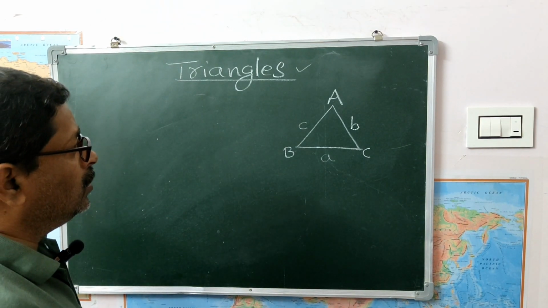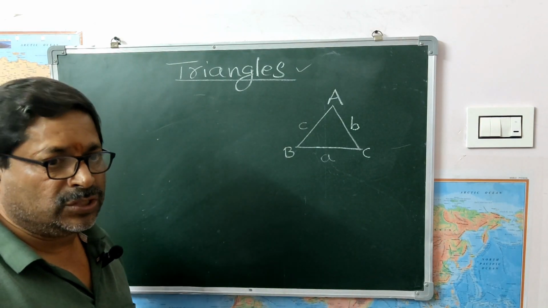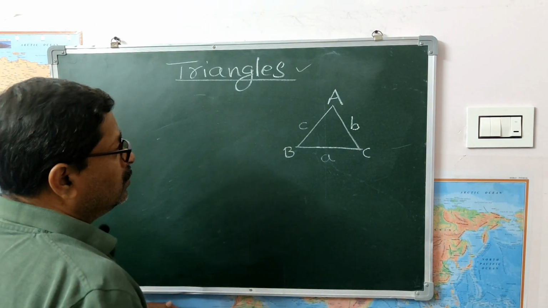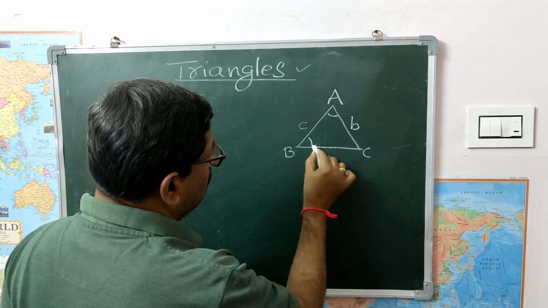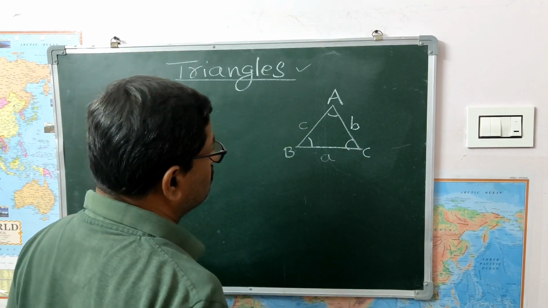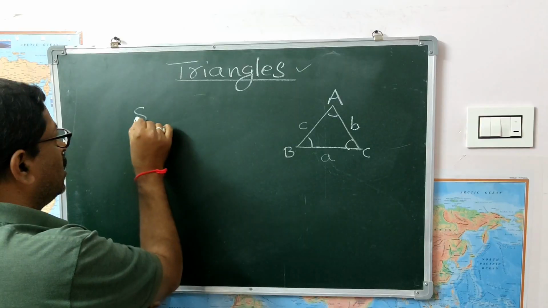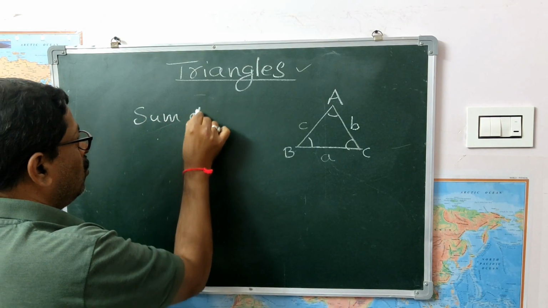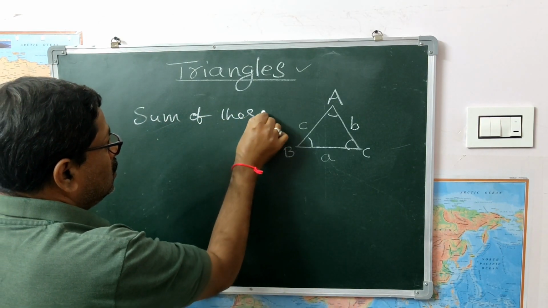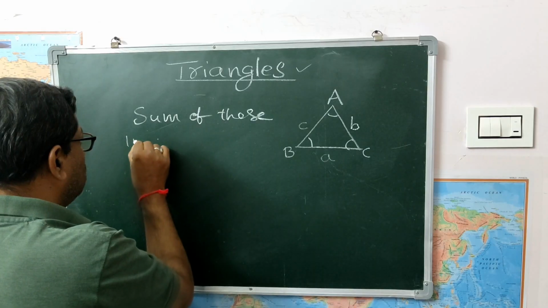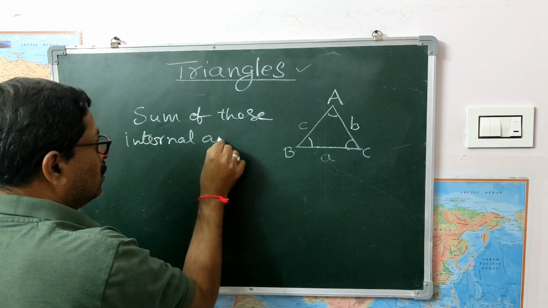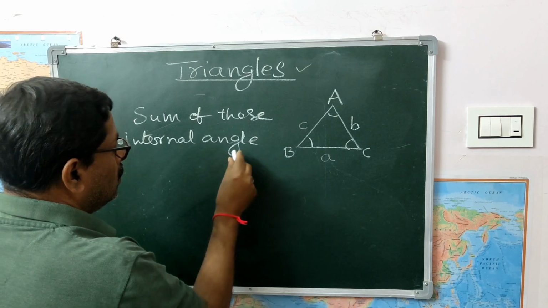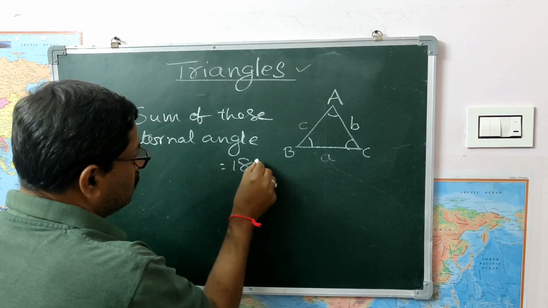Okay. Now, in each triangle, if you see, the sum of these three internal angles, these three are known as internal angles, is 180 degrees.